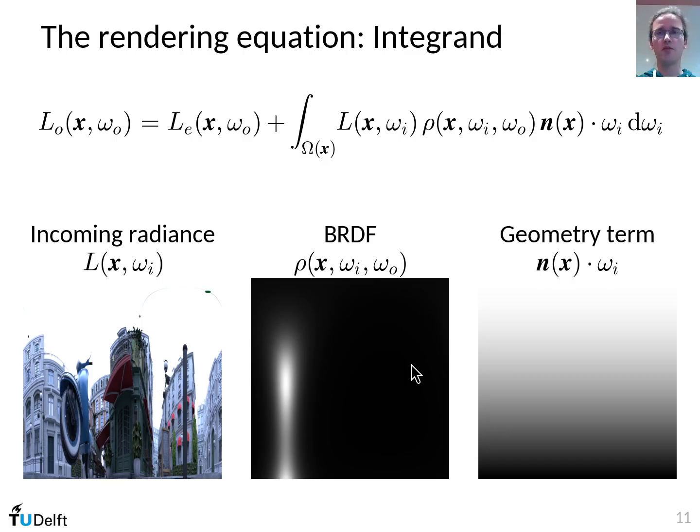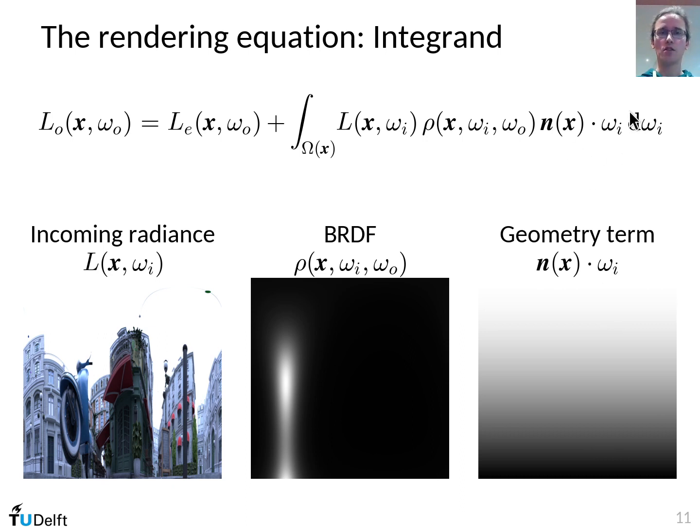So if you're somewhere close to the main mirror direction, then you get a strong contribution, and elsewhere the contribution will be much weaker.